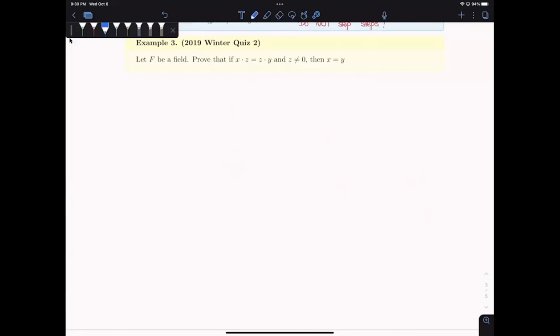Okay, so let's try this. Proof. We know that how to deal with this is we want to use that inverse to cancel out those 2 z. So that's what we need to do. So let's suppose x dot z equals to z times y, and z is not 0.